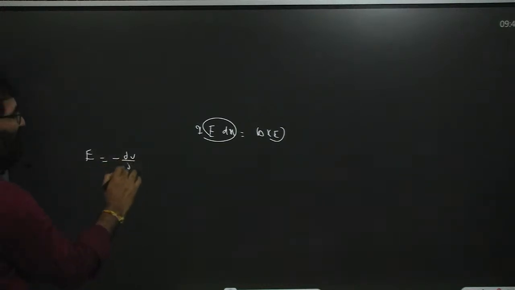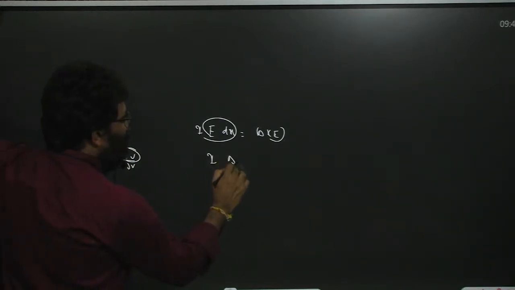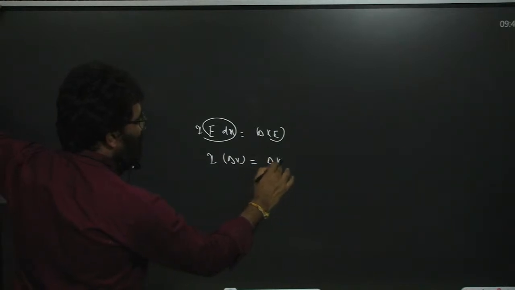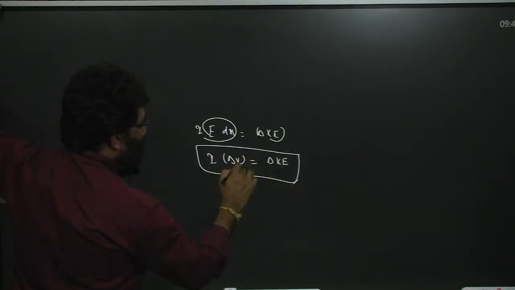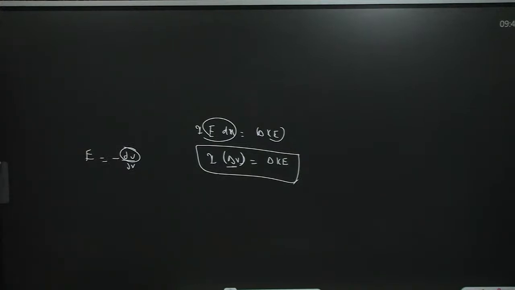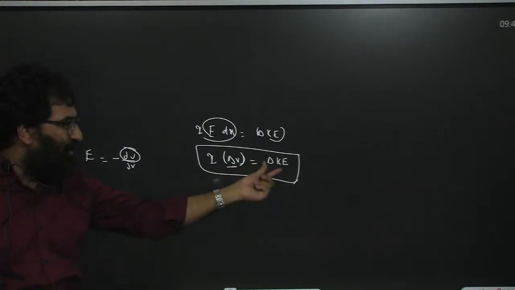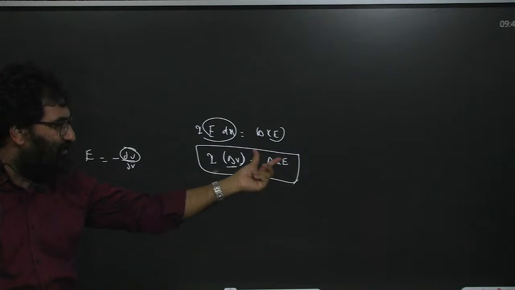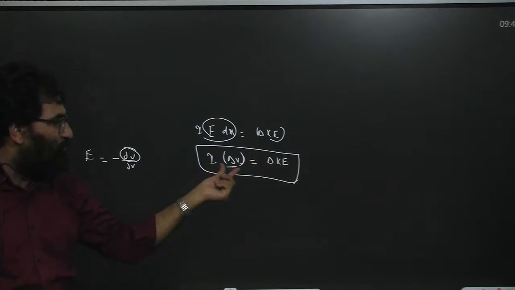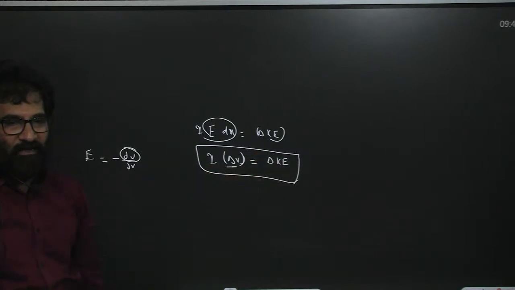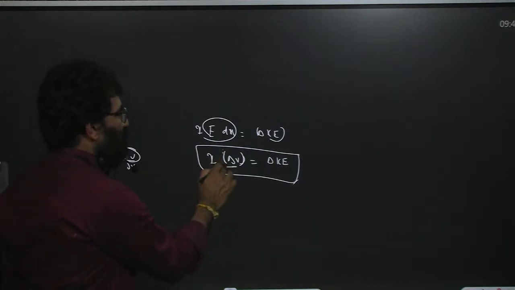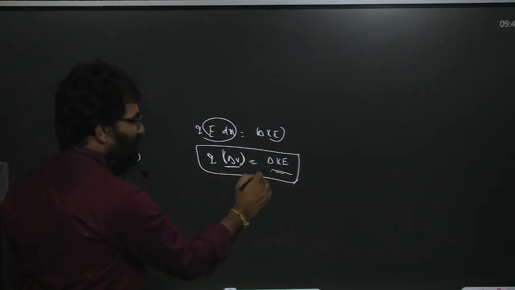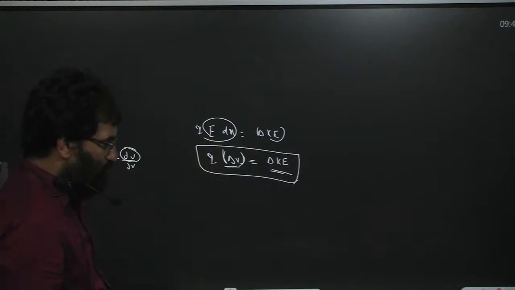Minus dV by dx. So E into dx is minus delta V. Whenever a charge is moving through a potential difference delta V, it gains kinetic energy. It can also decrease kinetic energy. So Q into delta V is equal to delta KE. This is an important formula: Q into delta V is equal to delta KE. Note this. For a negative charge, you keep the negative sign.